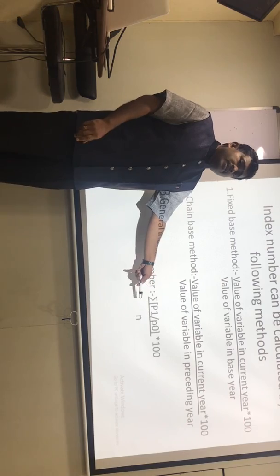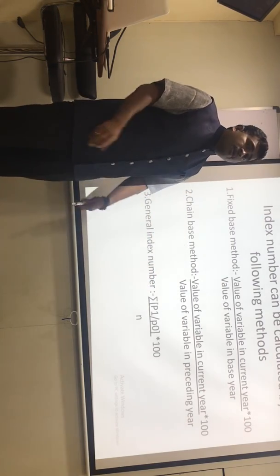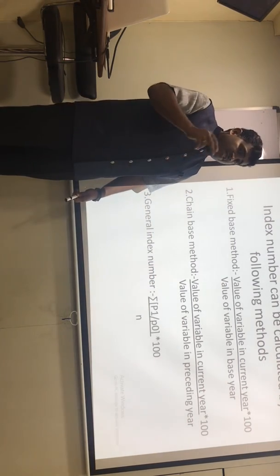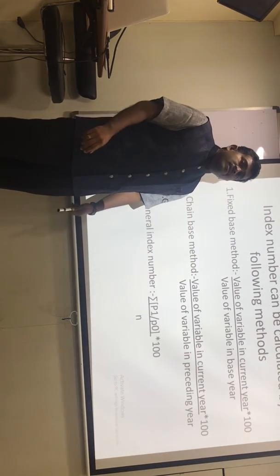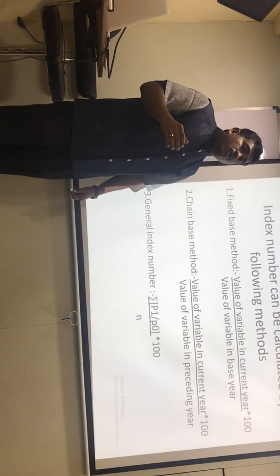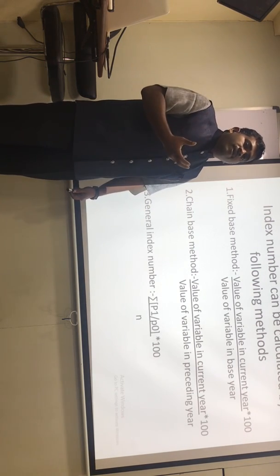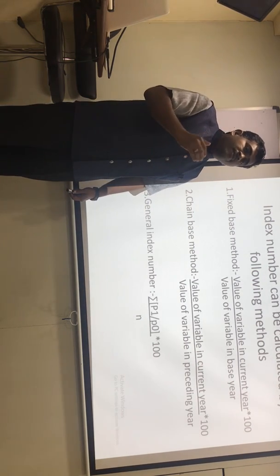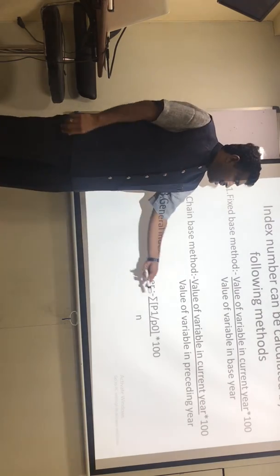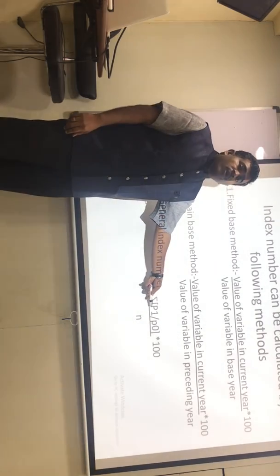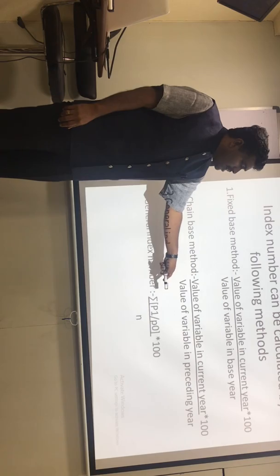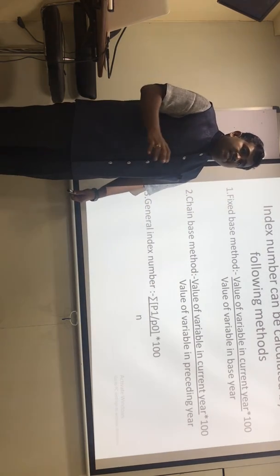P stands for price. Actually, index number we can calculate by two methods, two ways. Price as well as on the basis of quantity. Each and every person, each and every family, each and every society has some different quantity, right? Price, that is P1. 1 stands for current year, while 0 stands for base year, right?